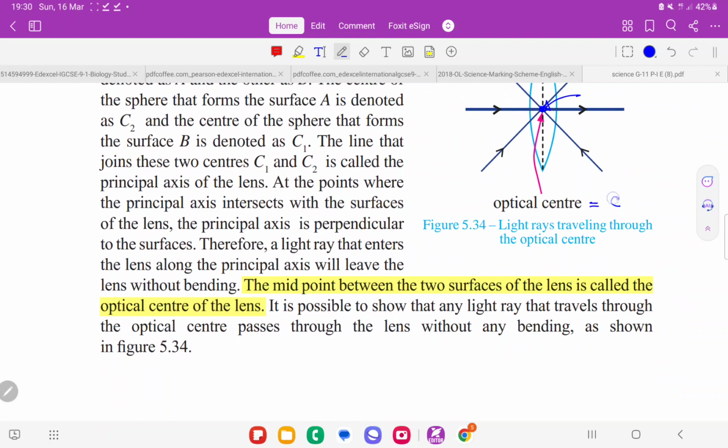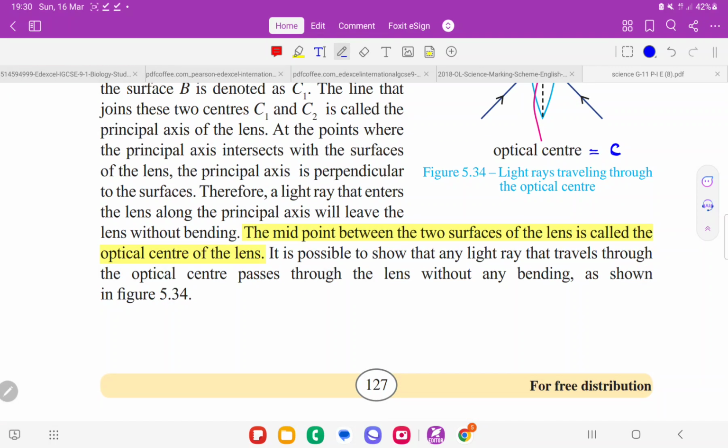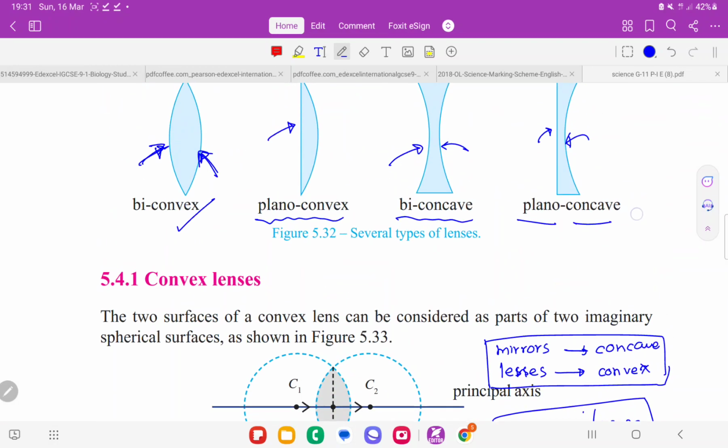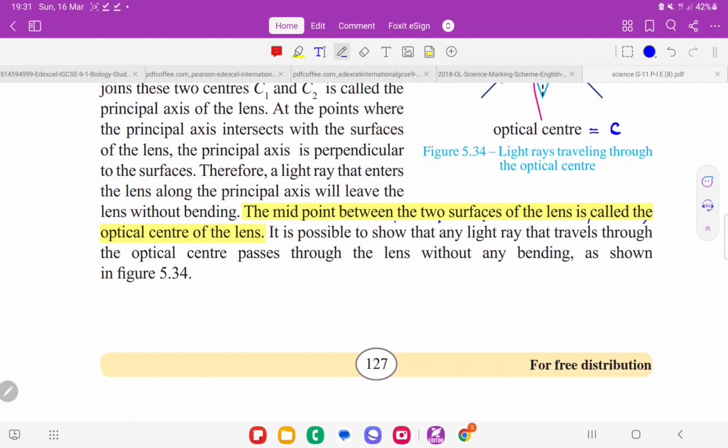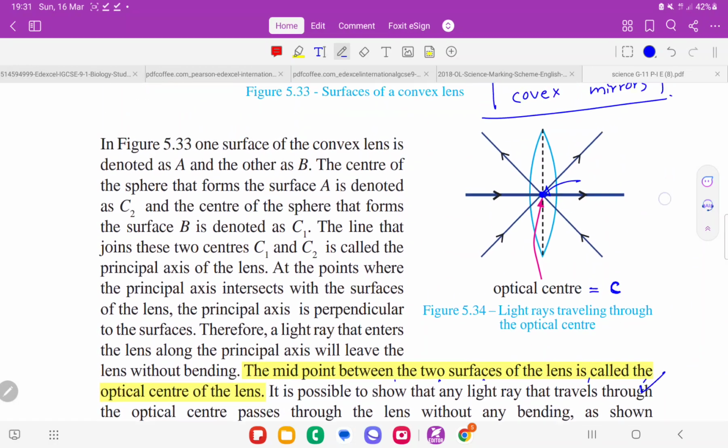This C is not the center of curvature in lenses, you need to remember that. The midpoint between the 2 surfaces of the lens is called the optical center of the lens. Here you can see 2 spheres meet each other and form these 2 convex surfaces. That's why it looks like this, right?